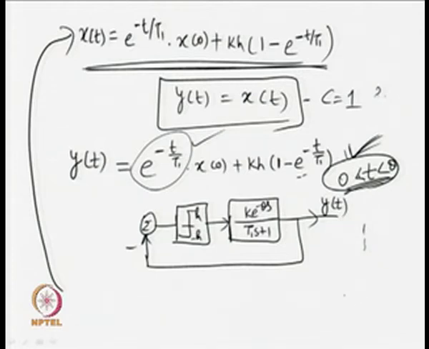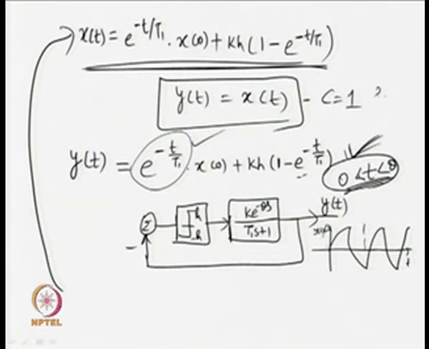Now, what are the benefits of getting the output expressed in this form? When we perform a relay test, we get periodic output of some typical form from a first order system. Let the output be given by this form. This is your y(t).